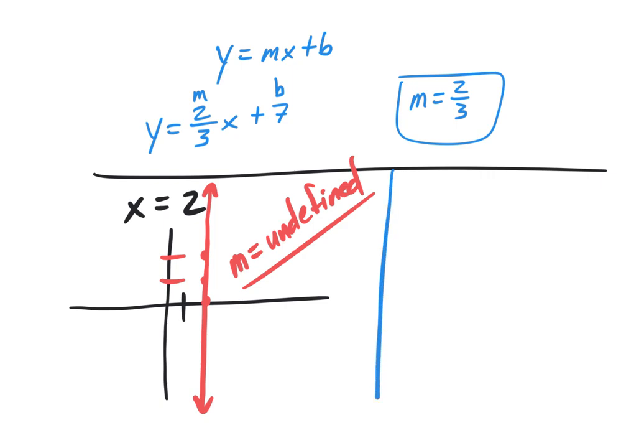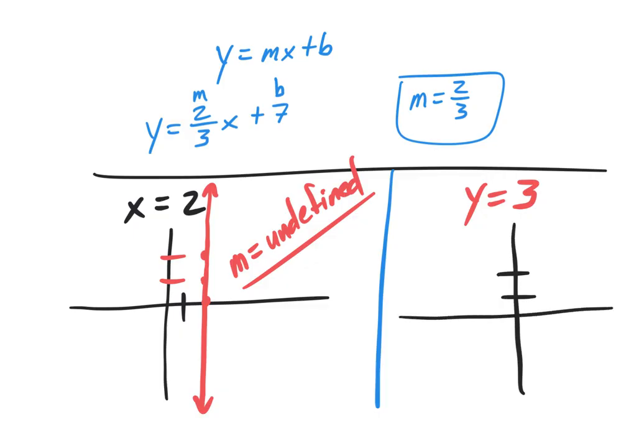Okay, so then the other one that we might see is y equals 3. Okay, y equals 3 is going to be just the opposite. We're going to go up 3, so it's going to be like (0, 3), (1, 3), (2, 3).